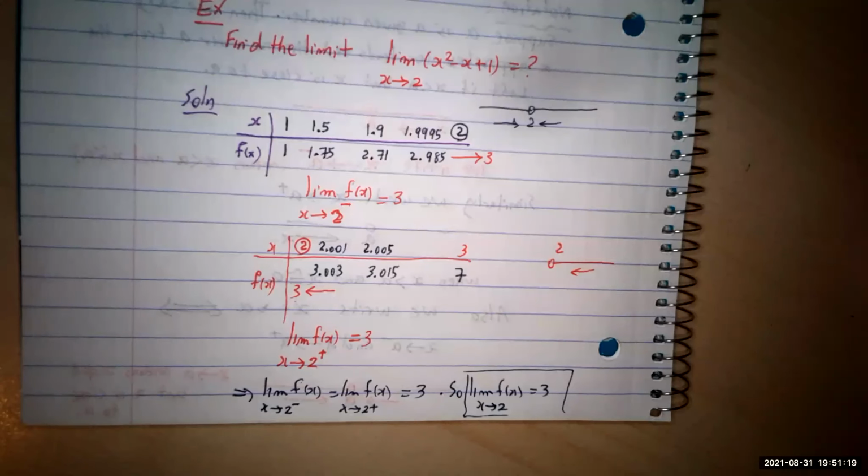But we will give you some examples where this is not the case. It's not always the case that you'll be able to find the limit of the function. So if the right and the left are equal to each other, you get the limit. If not, in that case, the limit of the function does not exist.